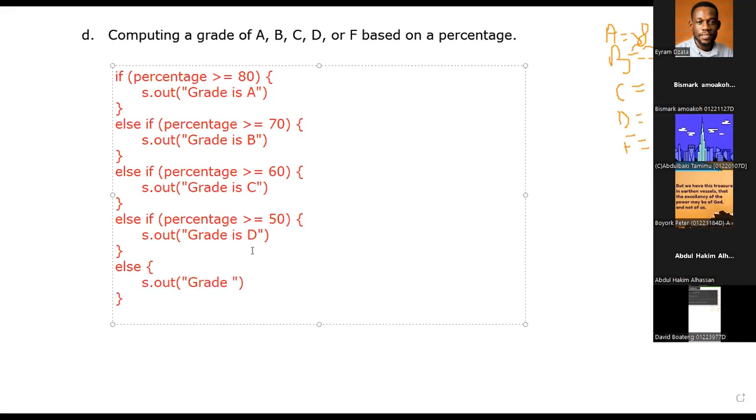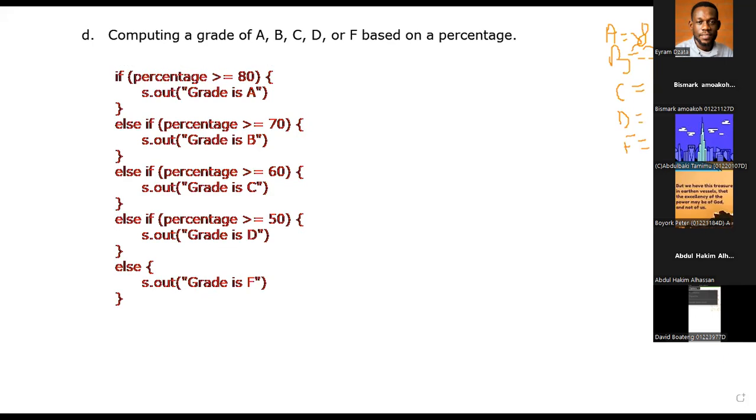So we have else grade is F. The else here means that none of your values for A, B, and C, and also D were satisfied. So if none of them were satisfied, then it should give you F as your final grade.